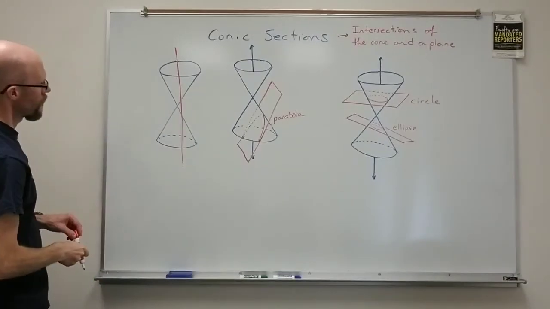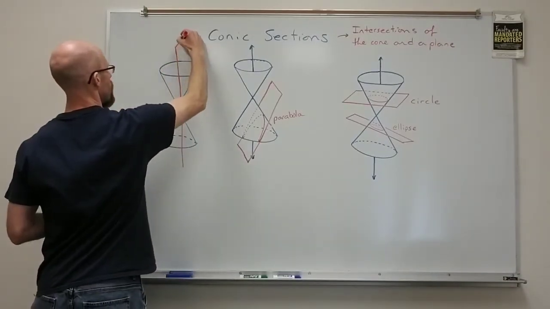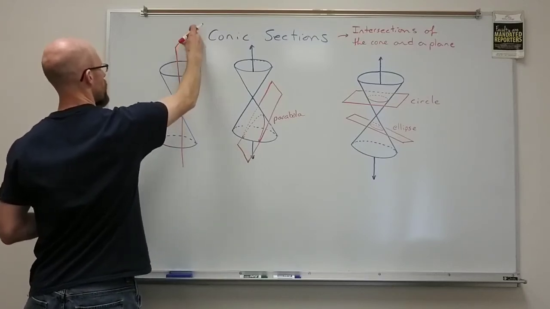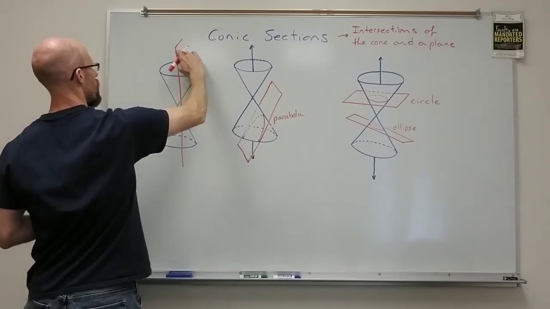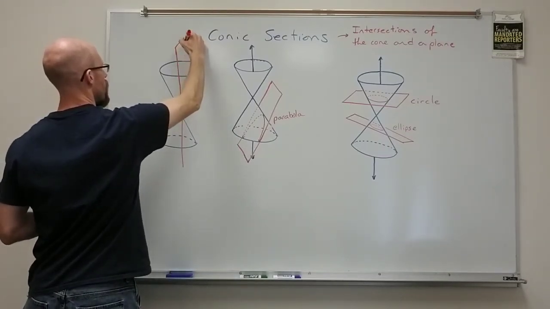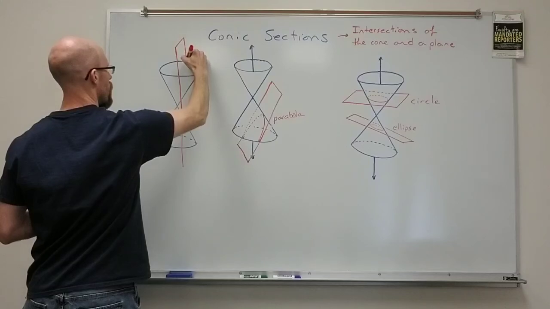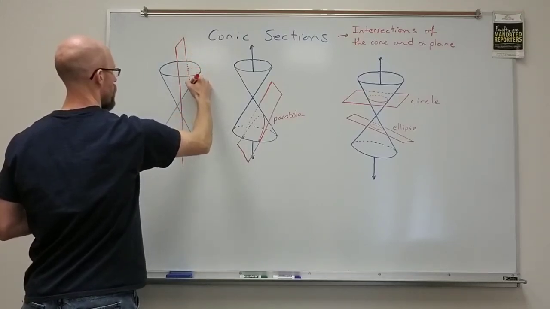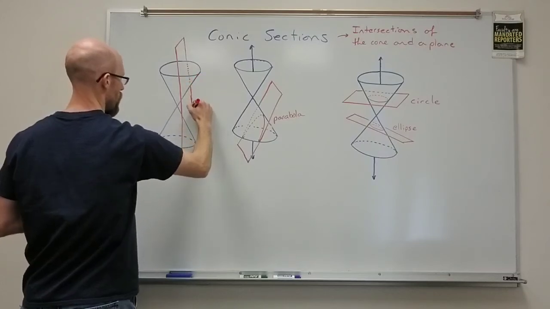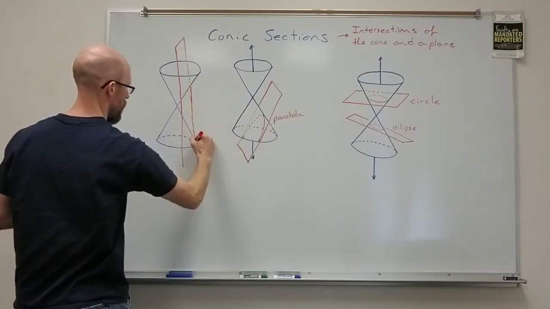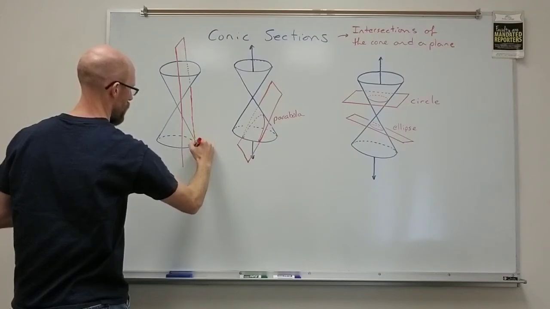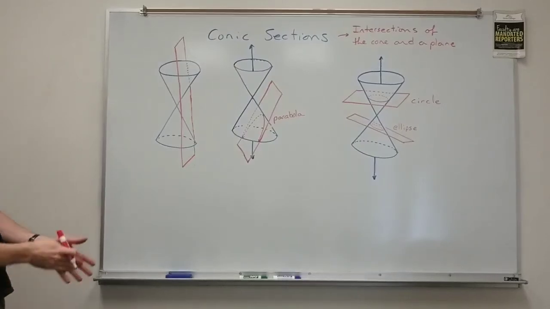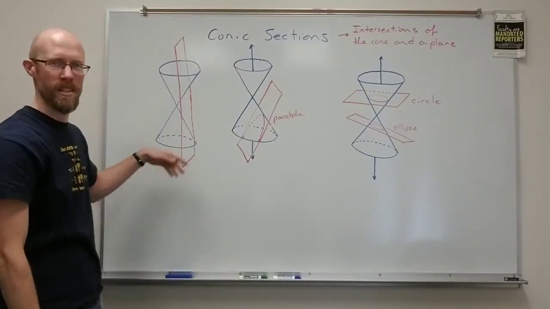Too bad. All right, that's one side. This one's got to go behind. And it comes out here. All right, well, that's not too bad. Something like that. There's my plane of intersection.